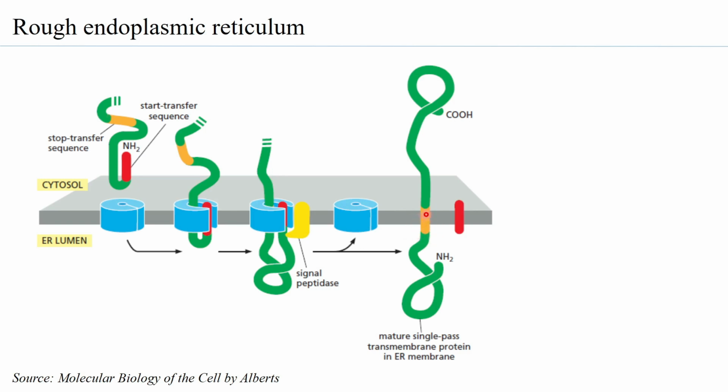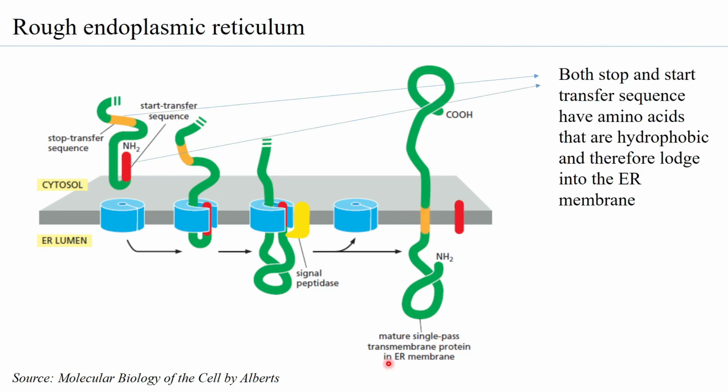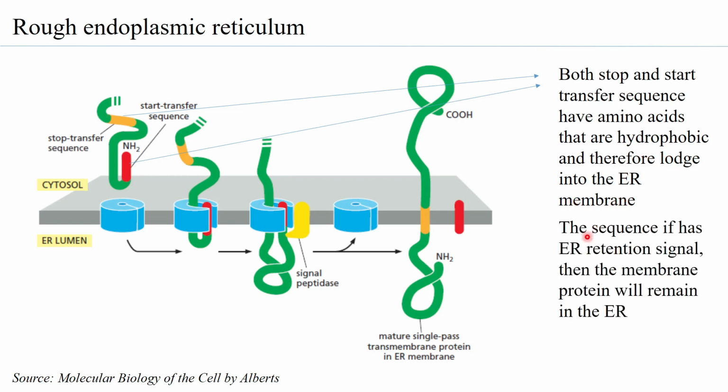So that will remain embedded within the bilipid layer, and that's how you have an integral membrane protein. Both the stop and the start transfer sequence have hydrophobic amino acids, and therefore they lodge into the ER membrane. If the sequence has an ER retention signal, then the membrane protein will remain in the endoplasmic reticulum.